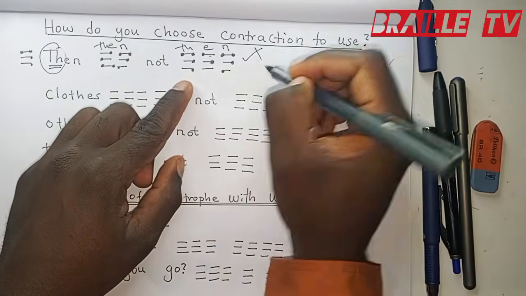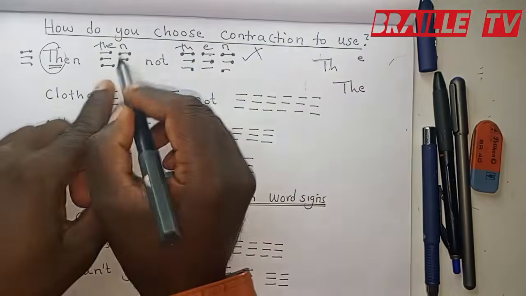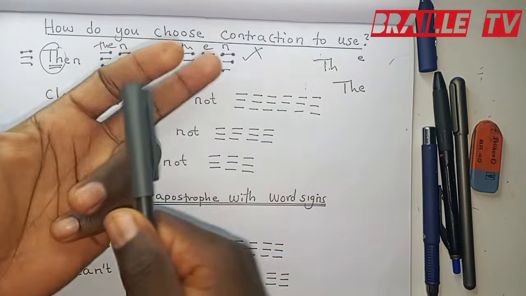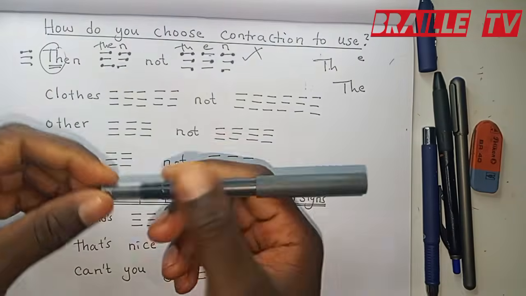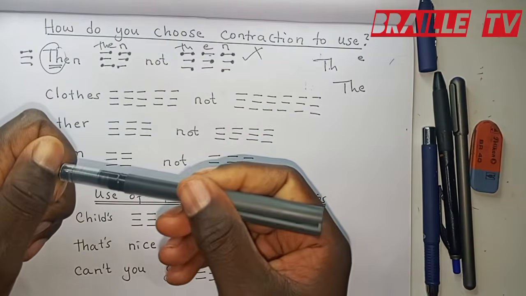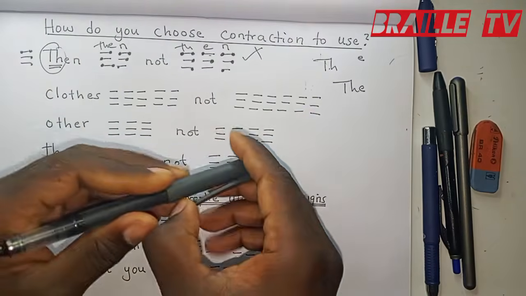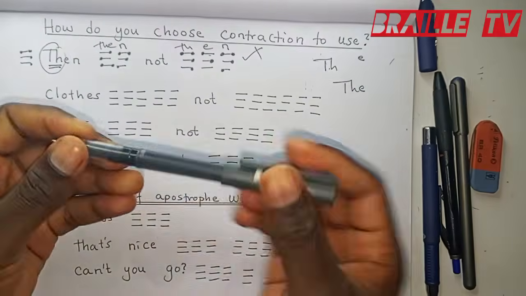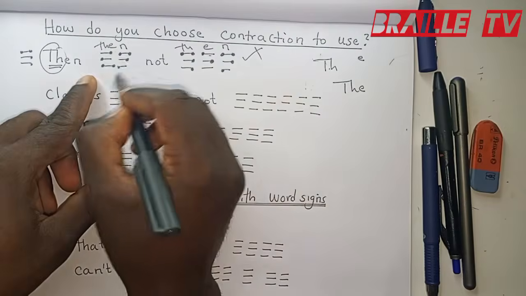So what you do, you contract the. Okay? Remember we said and, for, of, the, with are special and therefore they are given first priority when it comes to contraction. Remember I said that in the previous lesson or in the previous video. So in this case, you give it the first priority.